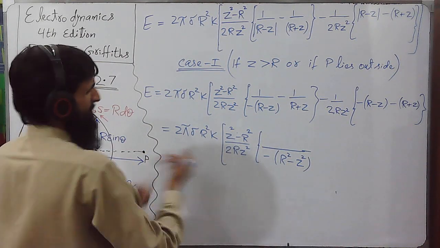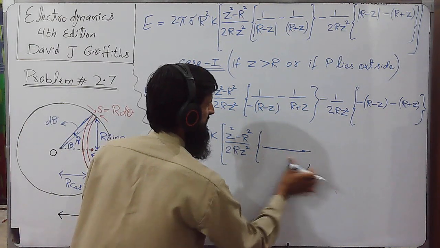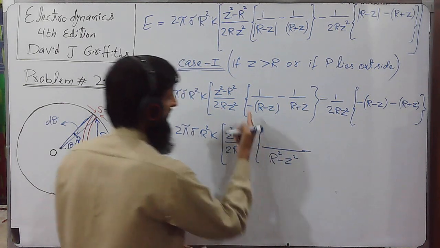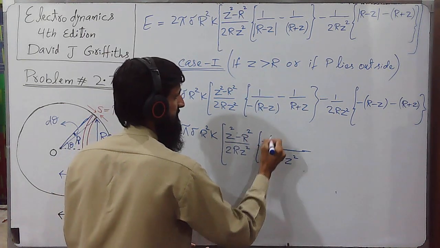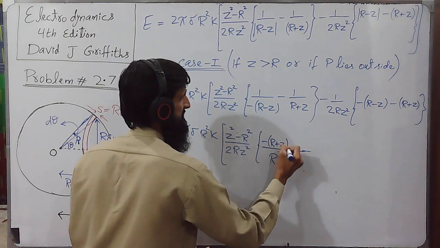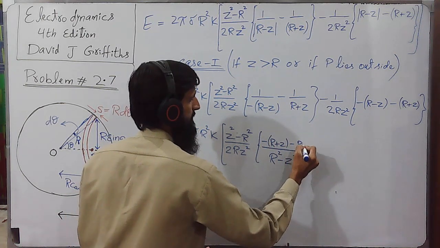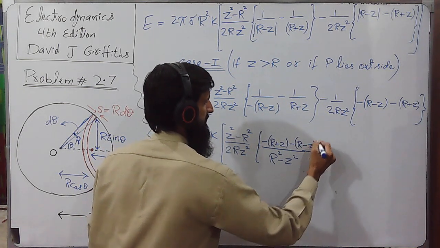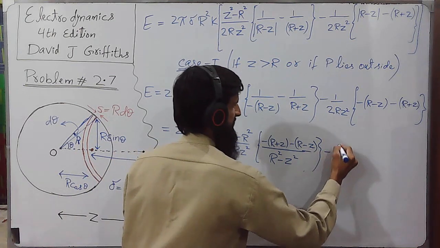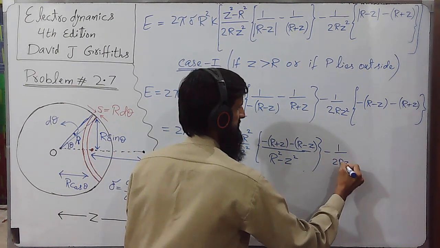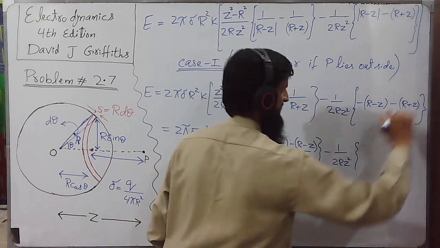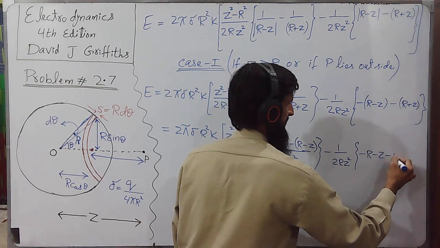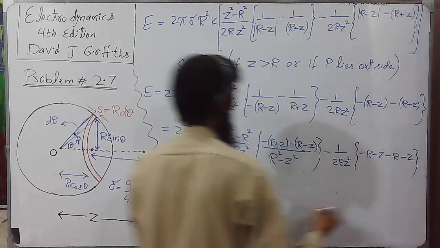Or let me solve here in another way. R square minus z square is written here as it is, and this negative sign is shifted up here, and it becomes negative of r plus z minus r minus z. That's simple mathematics, you are aware of that. Okay, and after negative sign once again 2r z square is written here as it is, and if I multiply this negative sign inside, it becomes negative r minus z negative r minus z.